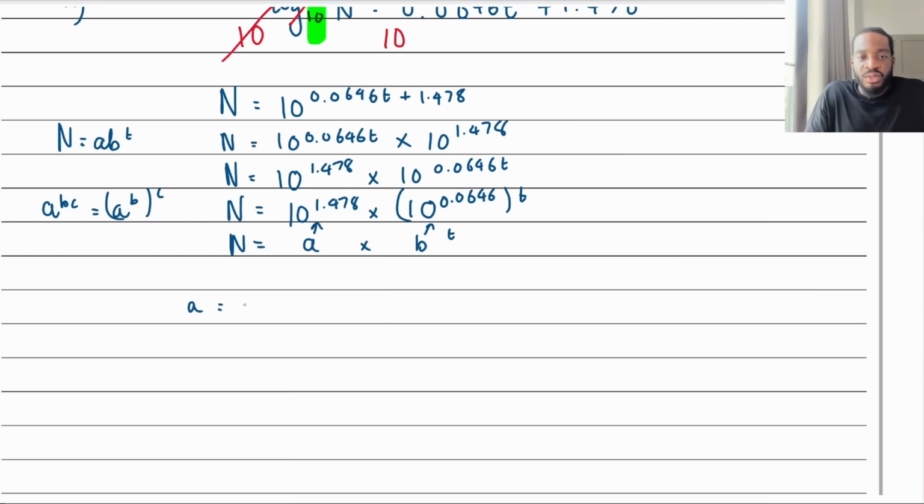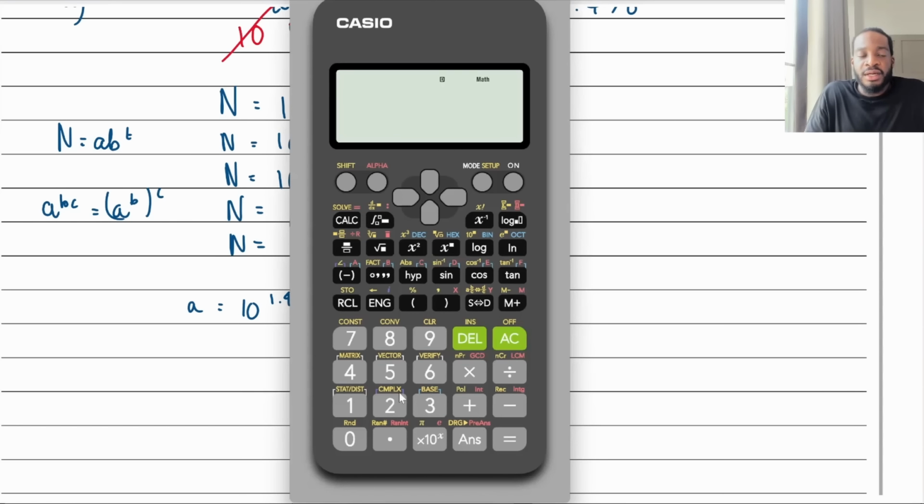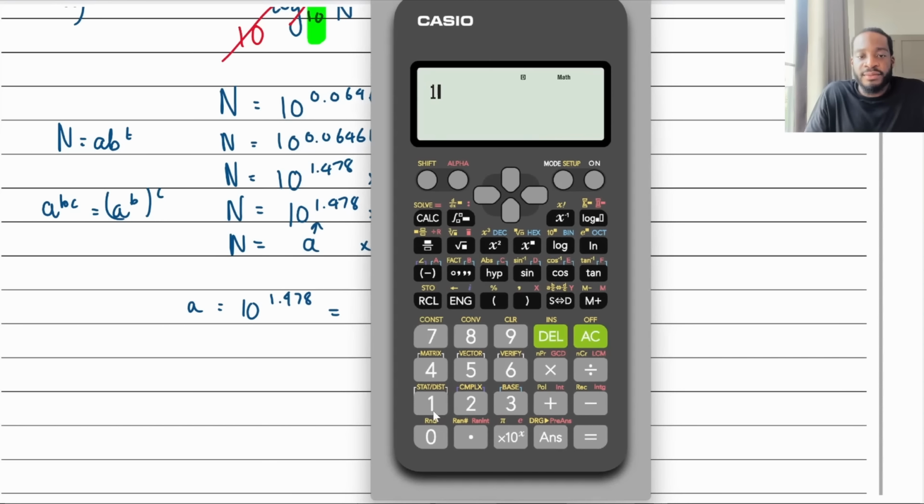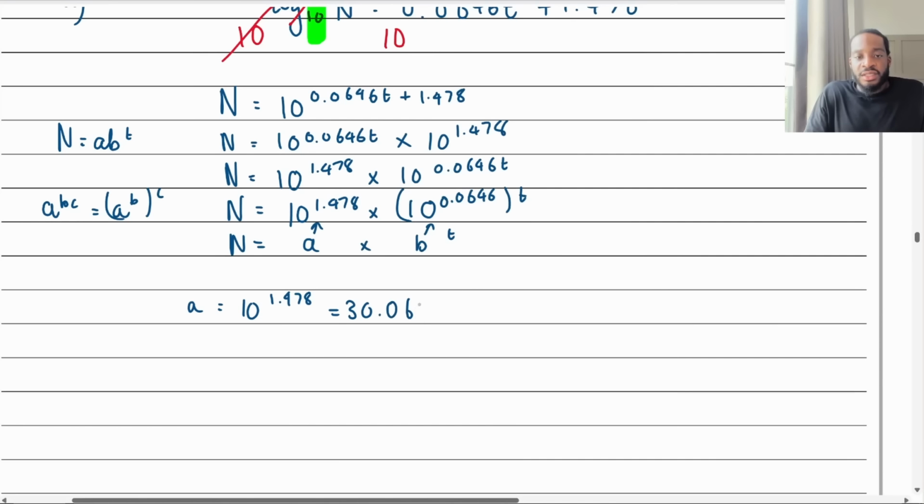So putting this in, what do we get? 10 to the power of 1.478, putting this into the calculator, is 30.0607. That's approximately, and they wanted a to the nearest integer, so it's going to be 30, right? So a is 30.